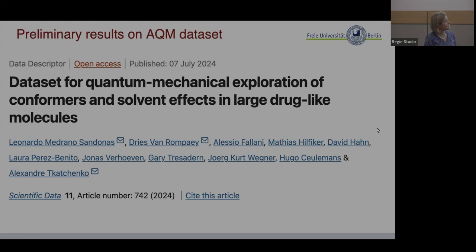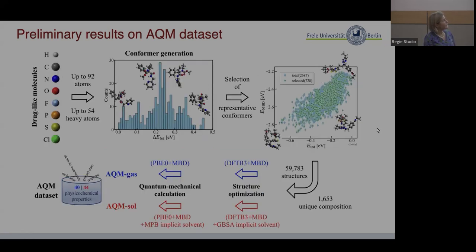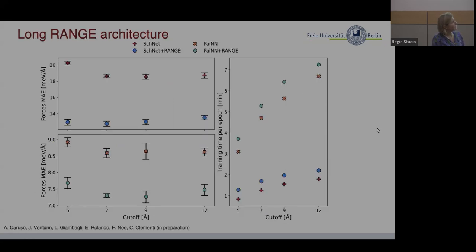This is from Alexandre Tkatchenko, who has developed a quantum mechanical approach to incorporate long range effects. And so these are quantum mechanical data as a reference. And as I said, these are very large systems, so you need to include electrostatic and long range effects.